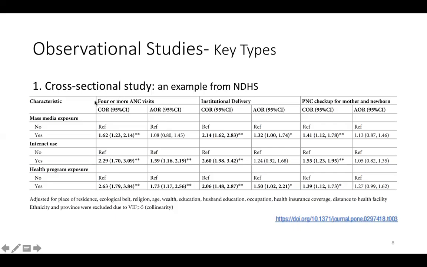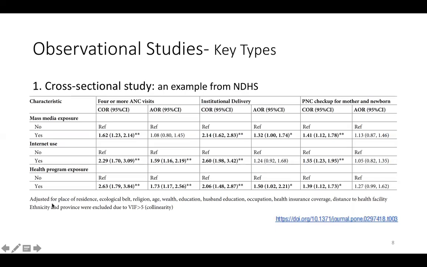Now, all of these variables, these characteristics, ANC visit characteristics, whether a woman delivered at an institution or whether ANC checkup for mother and newborn was carried out, were asked during the survey interview.